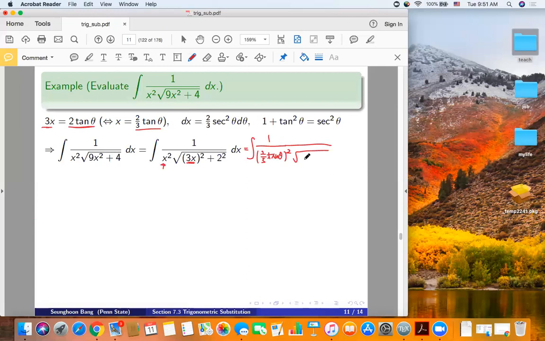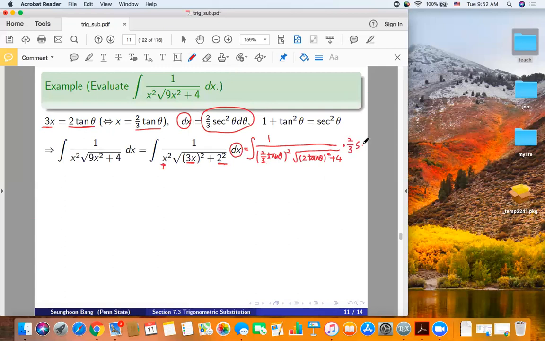You can plug in 2 tan theta: (2 tan theta) squared plus 2 squared equals 4, times dx. dx is 2/3 secant squared theta d theta.